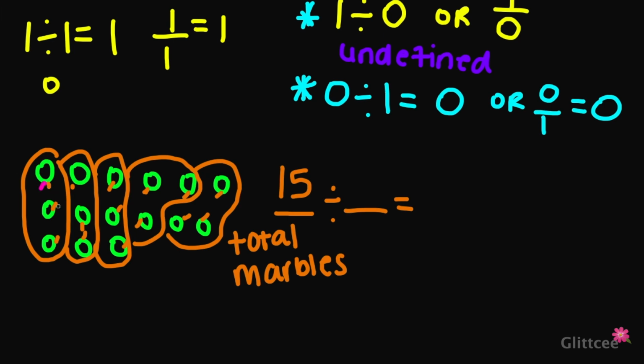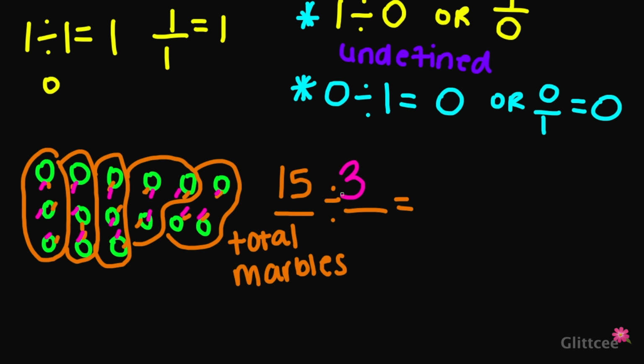They are groups of 3s. So I had a total of 15 marbles and I separated these marbles into groups of 3s. Remember, if you have 15 people in your class and your teacher says, hey everyone, please get in groups of 3s, this is what she's talking about. She's talking about dividing yourselves into groups of 3s. It's the same concept.